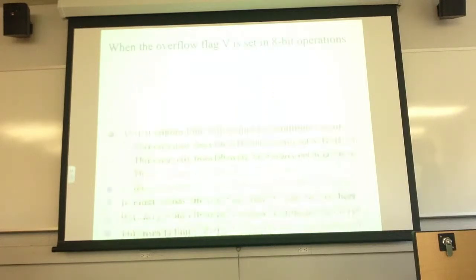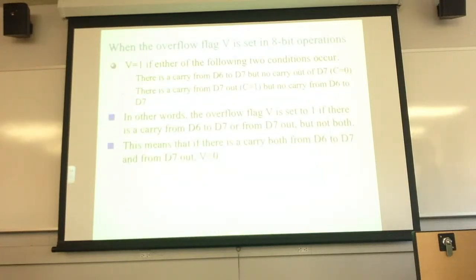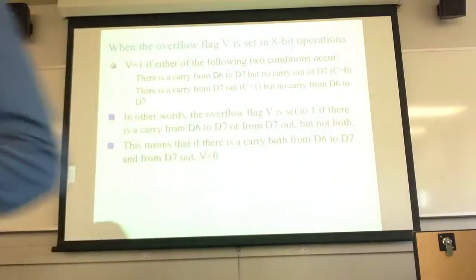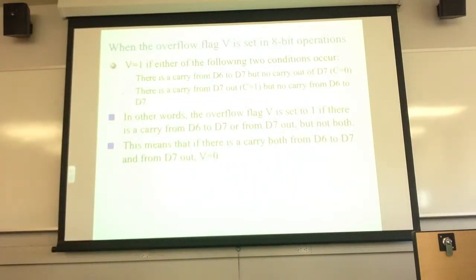All right. So the conditions are the overflow flag will be set if either of these 2 conditions holds. This is taking into consideration the addition of 2 numbers of the same sign, whether positive or negative. Effectively, what we're doing here is checking if there's a carry from D6 into D7 but no carry out, or if there's a carry from D7 into the carry but no carry from D6 to D7.